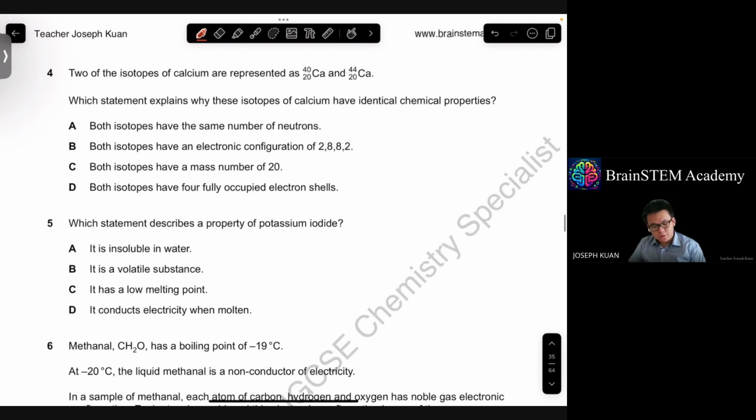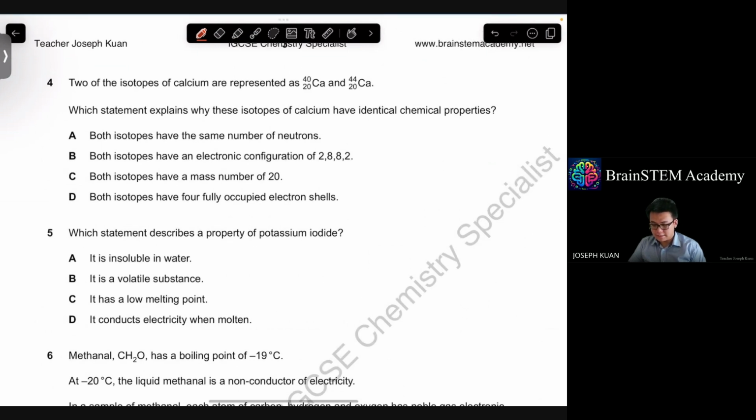Next question. Two of the isotopes of calcium are represented as calcium-40 and calcium-44. Which statement explains why these isotopes of calcium have identical chemical properties? Both isotopes have different numbers of neutrons, not the same. Both of them have an electronic configuration of 2,8,8,2.